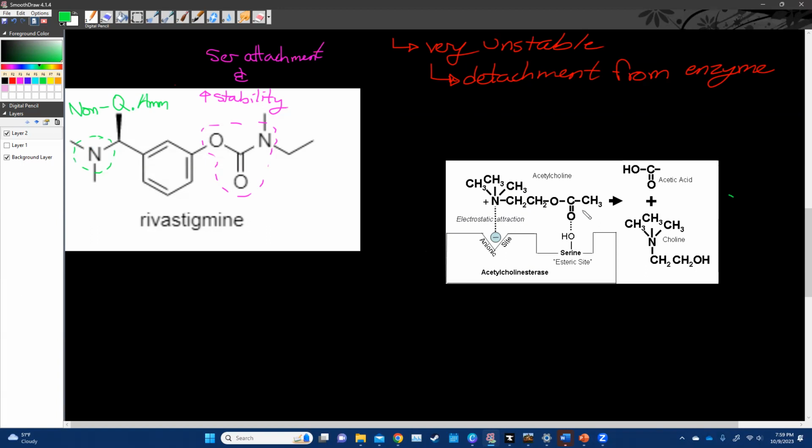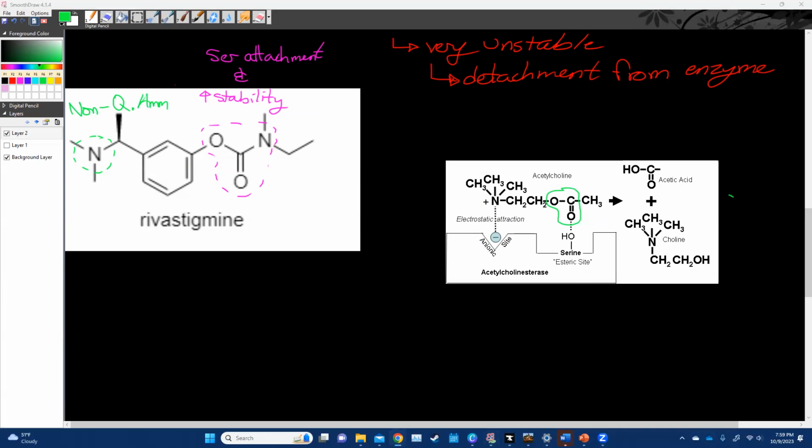Attracting this positive nitrogen is super, super easy. But in order to dock the ester portion of acetylcholine correctly, acetylcholinesterase is using serine to dock it.